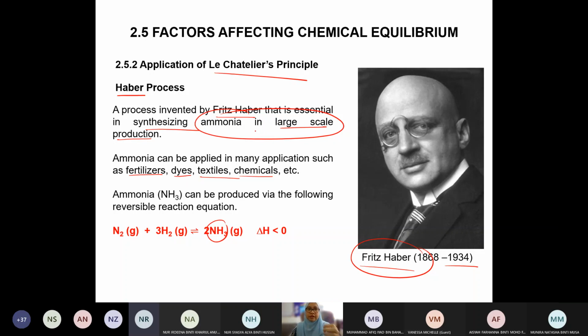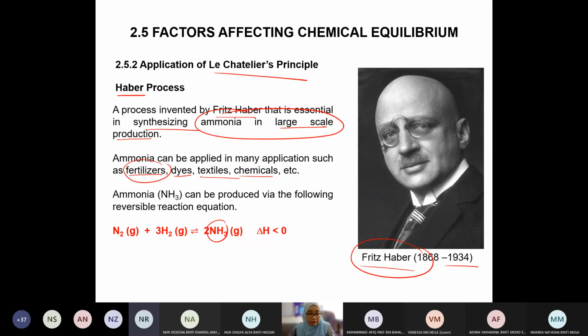So we are able to fertilize the soil so that farming can be done efficiently. The plants, or the food we plant, will grow healthier, and then famine is reduced. That is one of the very important applications in the fertilizer industry.